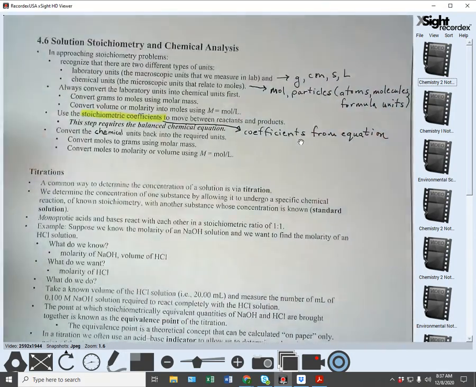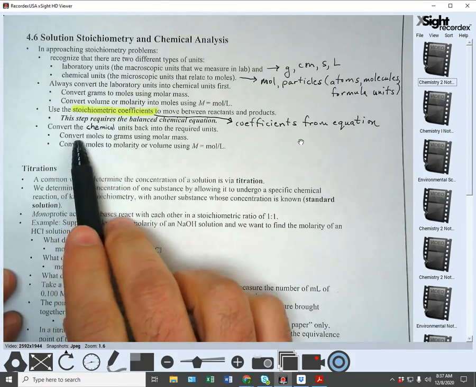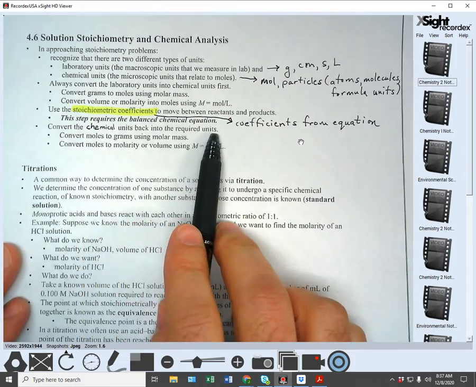We use those to convert between reactants and products or between substances, right? And then you would convert the chemical units back into the required laboratory units.